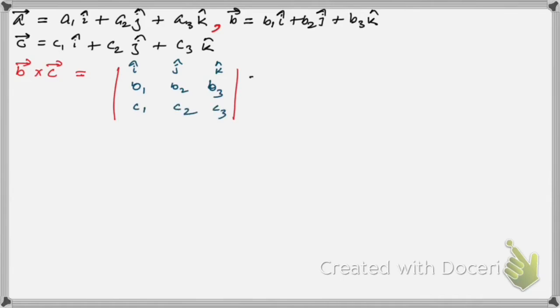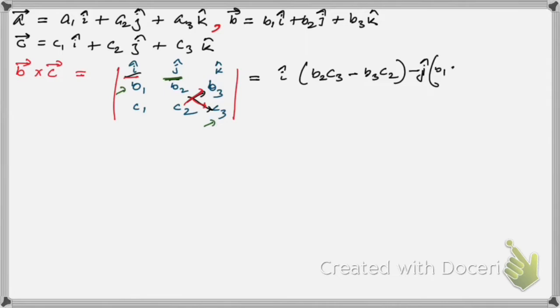Taking i, we get b2 c3 minus b3 c2. Then taking minus j cap, we get b1 c3 minus c1 b3. Then plus k cap, b1 c2 minus c1 b2.